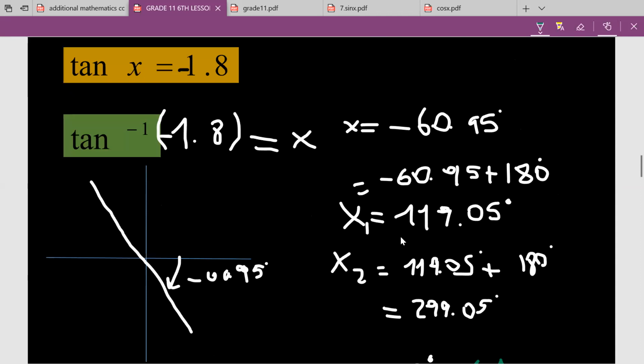So when you calculate it, it will give you the same answer, negative 1.8. If you write tan of 119.005, it will give us negative 1.8.